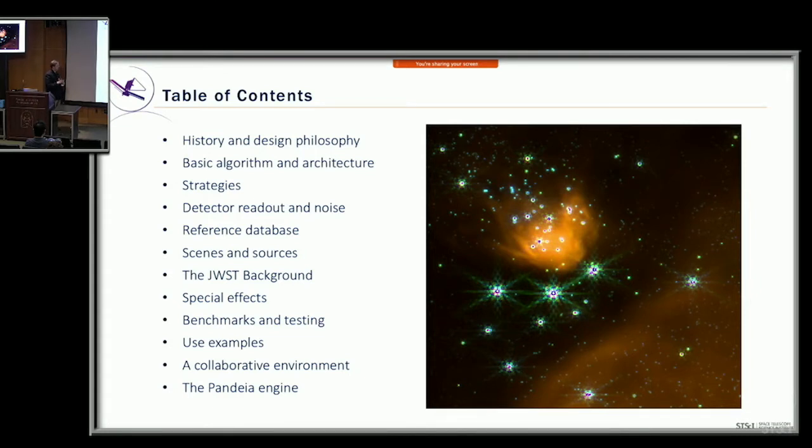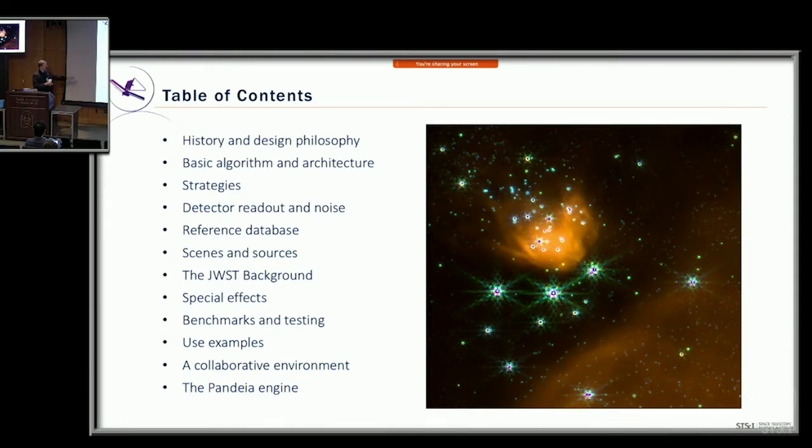There's a little section here about special effects, so there's a lot of effects that are included in the ETC, such as what you do with cosmic rays, for example, what you do with correlated noise, and so on. Then I'll talk a little bit about how the exposure time calculator was tested, right? So how well can you trust the results that it provides? A couple of use examples.